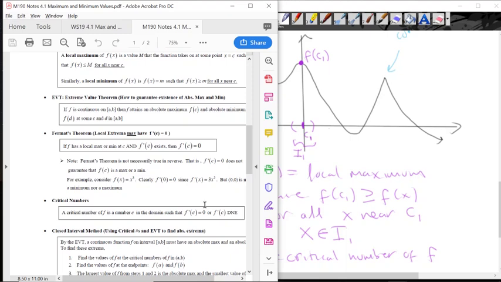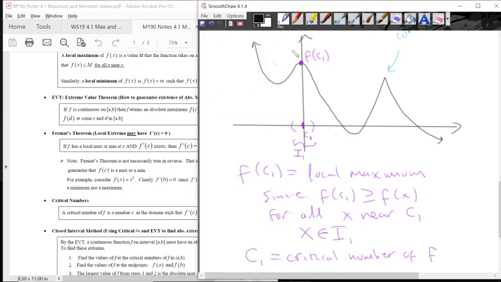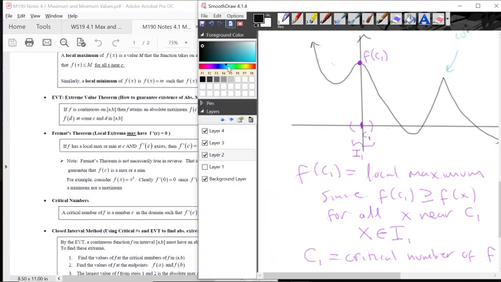Because it turns out, if the derivative at some value is 0 or the derivative does not exist, then there is the potential that the function reaches either a maximum or a minimum at that value. As we can see here geometrically, if the derivative is equal to 0, then the slope of the tangent line is going to be 0, as would be the case in this particular example.